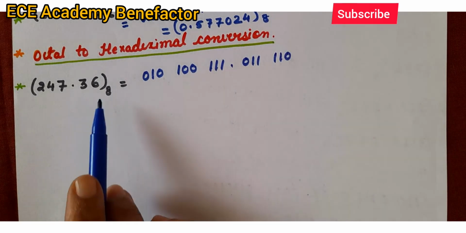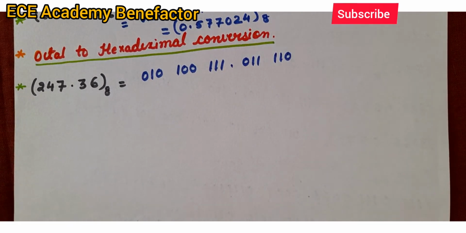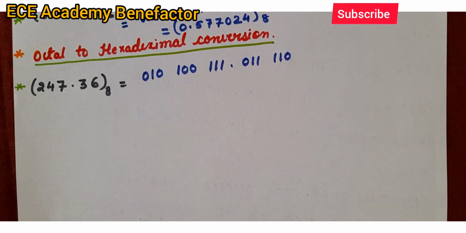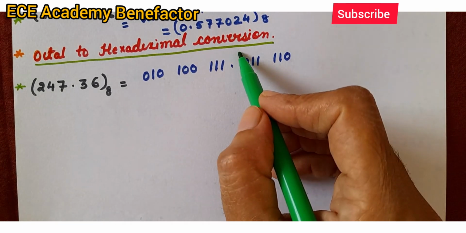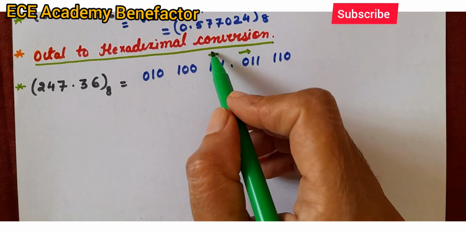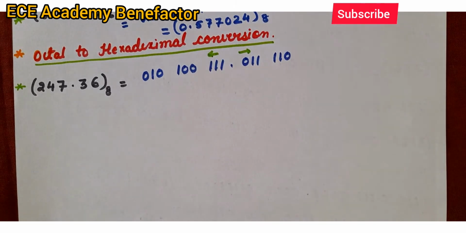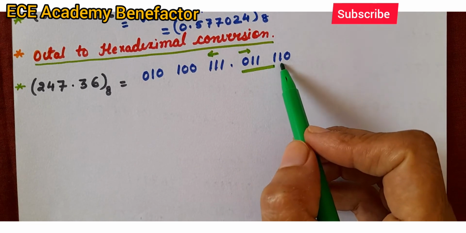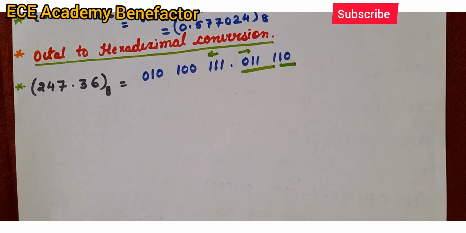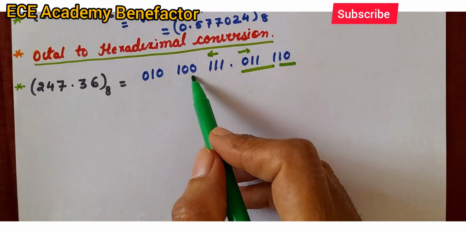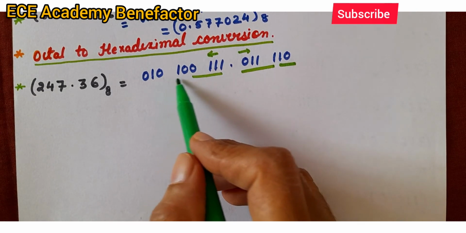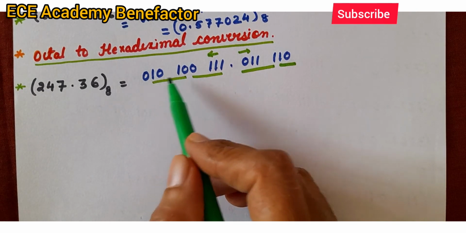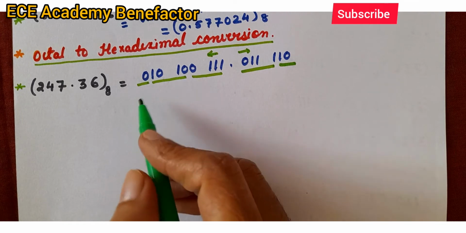So we have written this octal number in groups of 3 bits, and then you have to make groups of 4. You have to traverse in this direction. Okay, so make a group of 4, this is one group, and here you are left with only 2 digits, and here a group of 4, here 4, and you are left with 0.